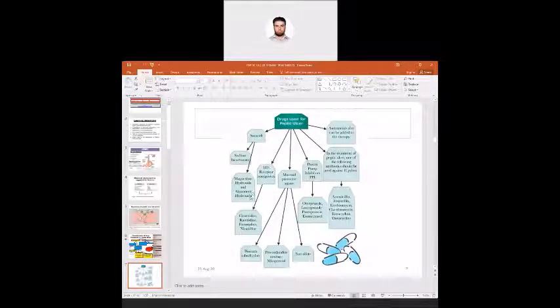In the treatment of peptic ulcer, we can also use the antibiotics if we find that there is H. pylori infecting the mucosa of the stomach.